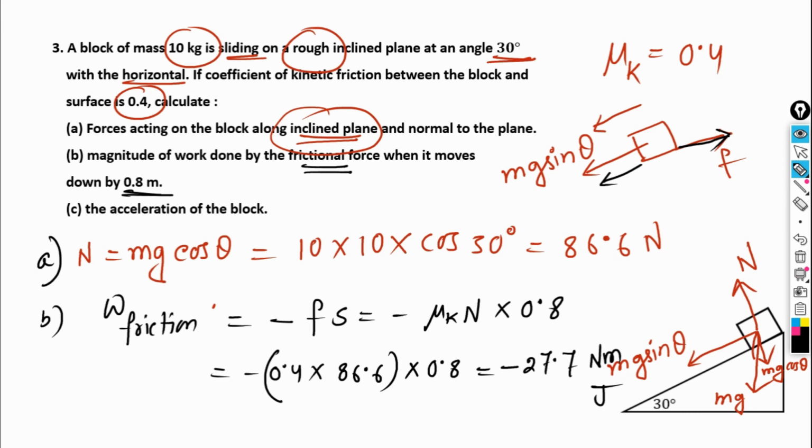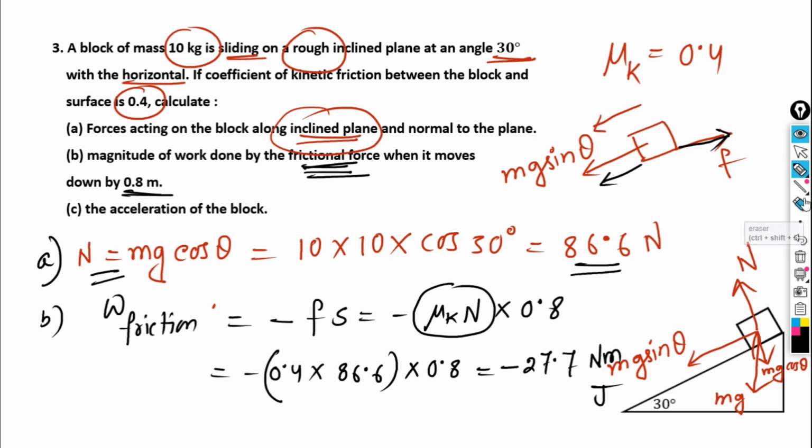You have to find the work done by the frictional force only. Frictional force is mu k into N, and N you have calculated already in question A, so 86.6. Understood?